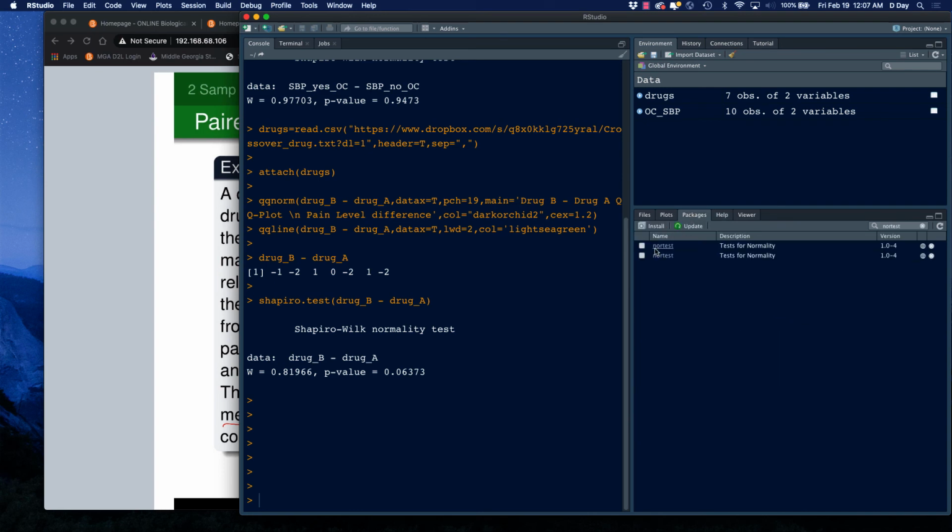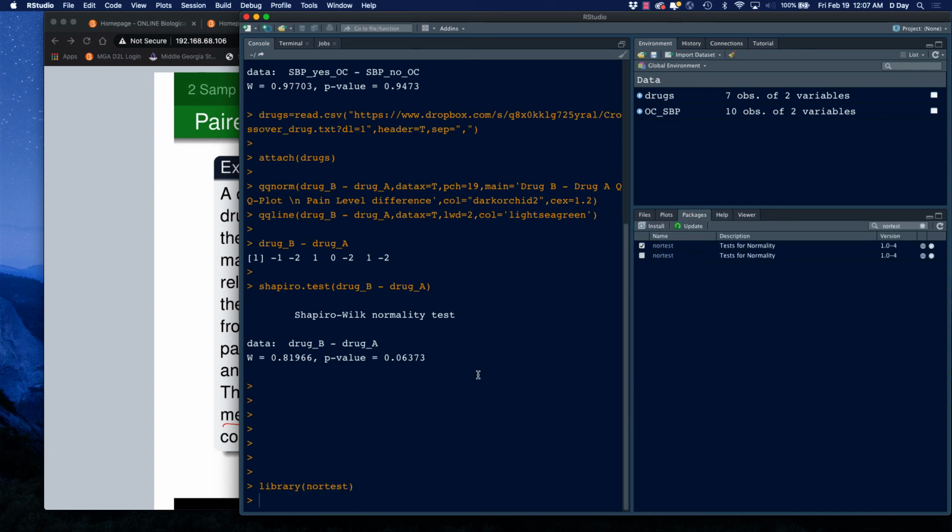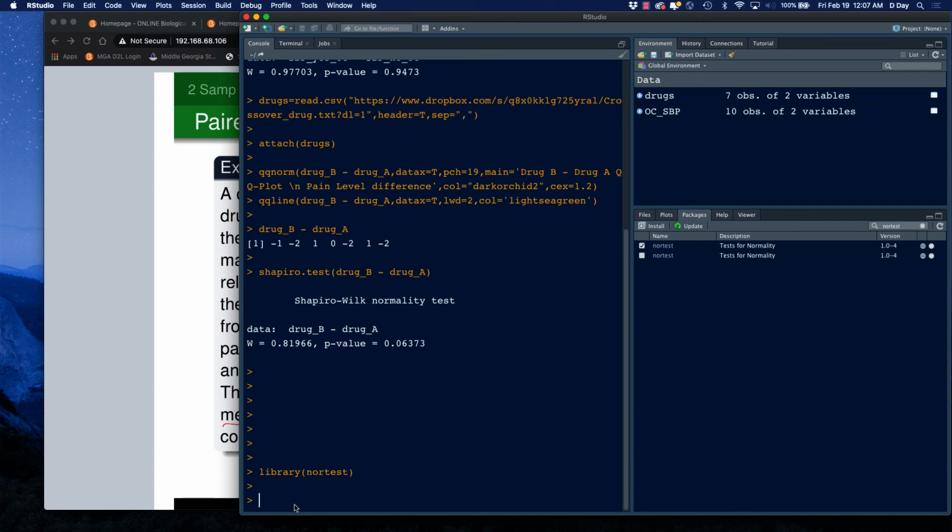So if I go back to packages and load that, let's come over here and do what I think they call sf.test. Yep. And we're going to grab that drug A minus drug B. Let's see if we get similar results. We should, because it's supposed to be a more simplified version of the original Shapiro-Wilk test.